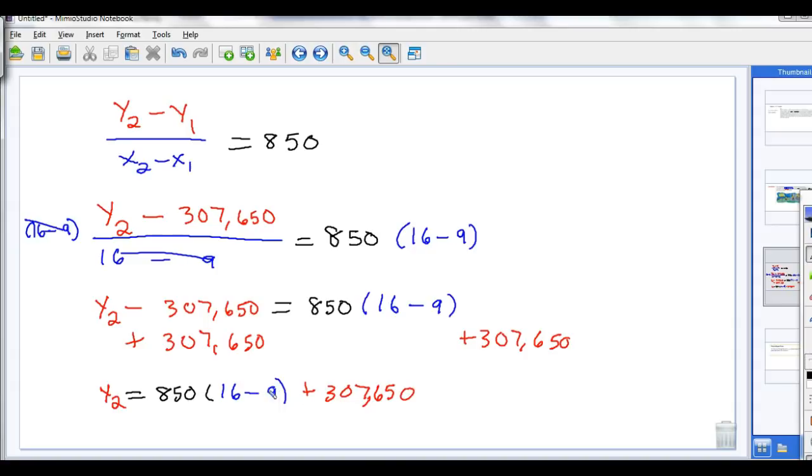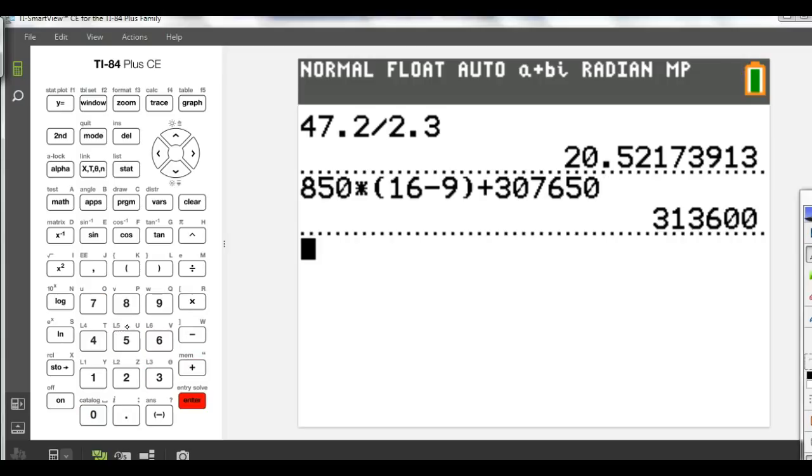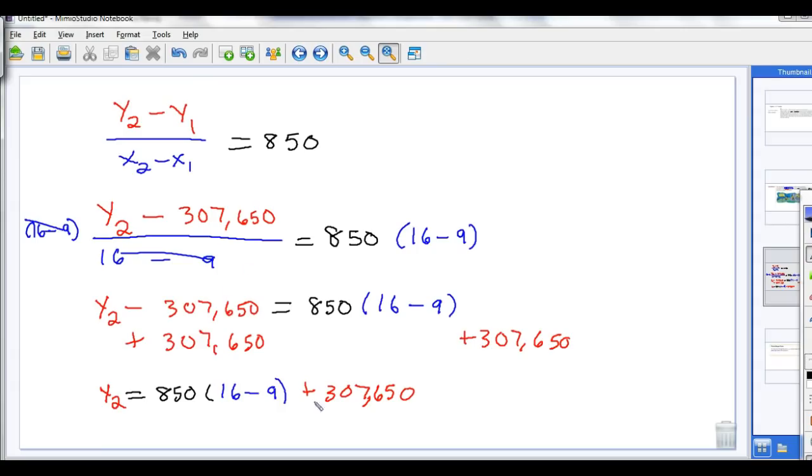So what I'm going to do now is type that right into my calculator. I have 850 multiplied by, we have 16 minus 9, close my parentheses, and then plus 307,650. And I should get an answer of 313,600. So let's see if that makes sense.